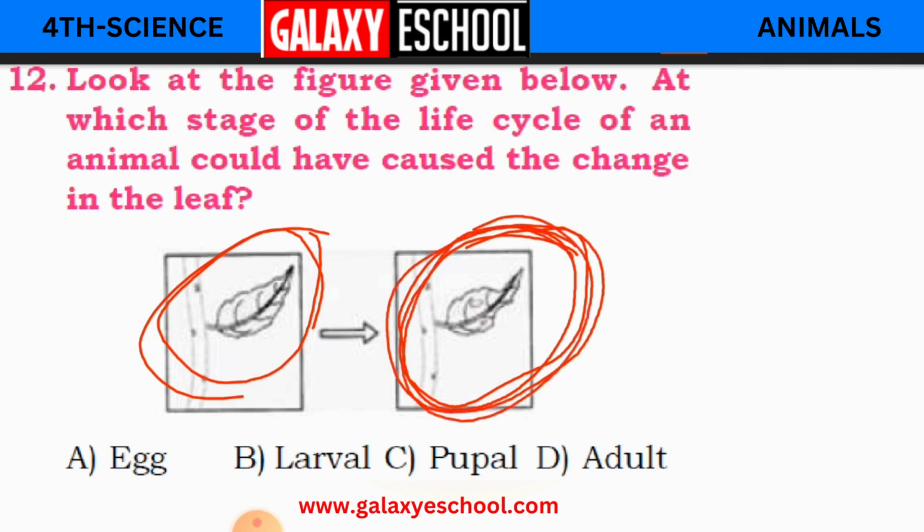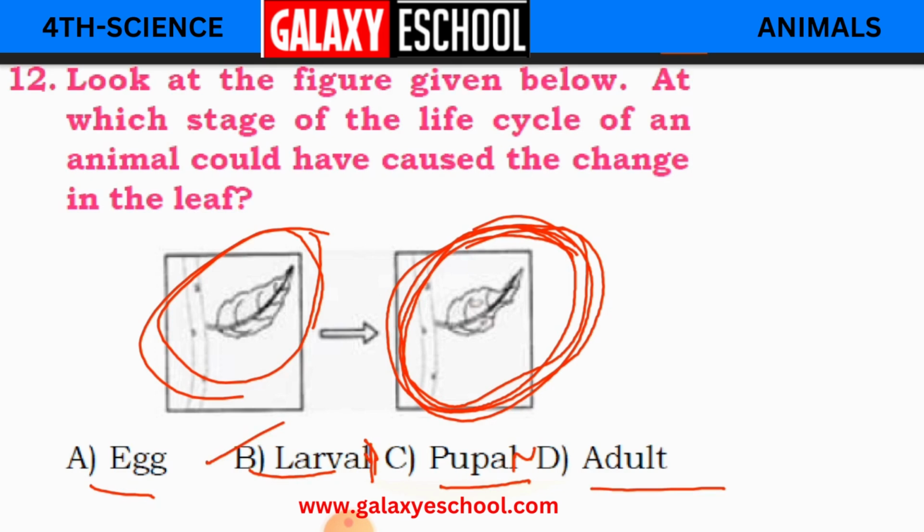Okay, at which stage of the insect's life cycle can we see this change, whether on egg, when there is an egg laid on the leaf, or when there is larva on the leaf, pupa, and then adult insect. Okay children? Yes, the answer is B option, that is larva.